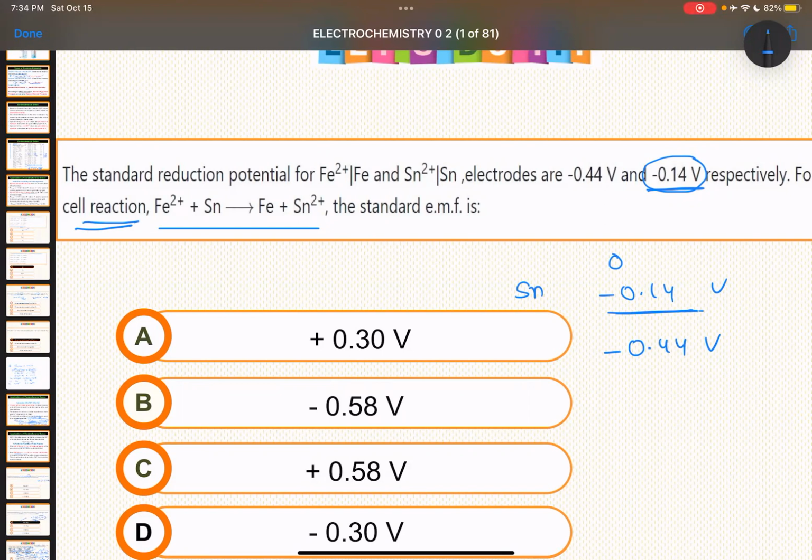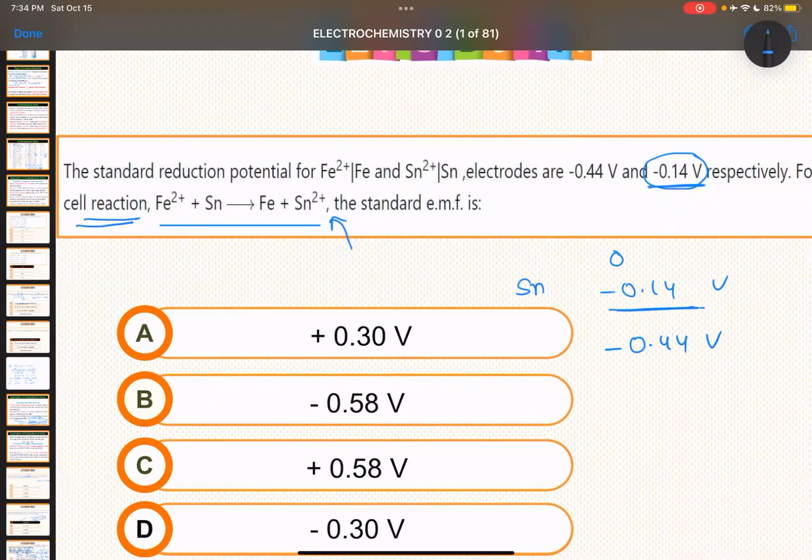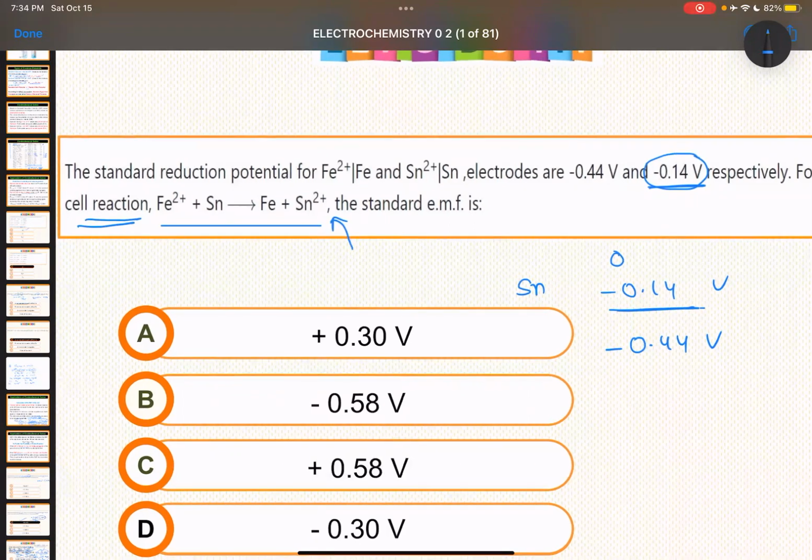So who is the anode, who is the cathode? Tell me who is the cathode as per this equation. As per the values, you are correct. But because the equation is given, we need to work as per the equation. So who is the cathode? Fe is taking the electrons.